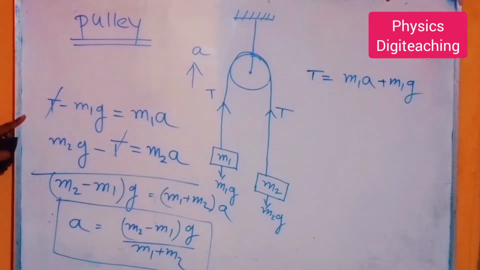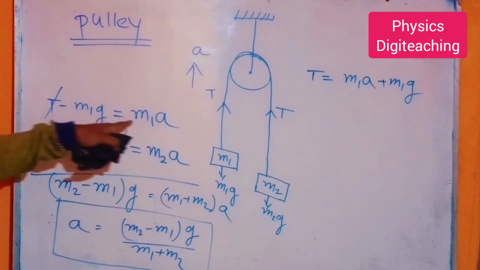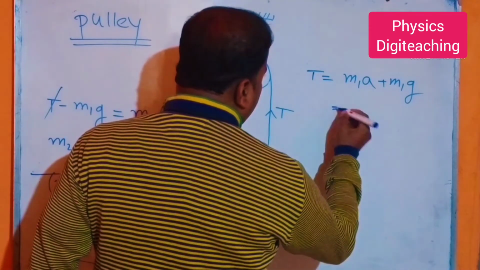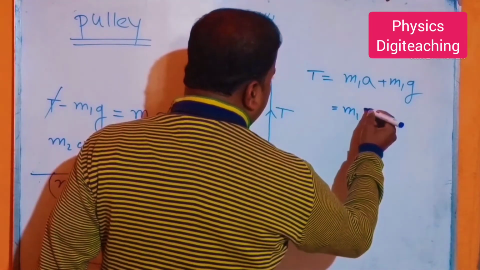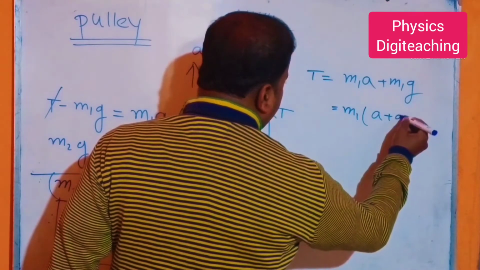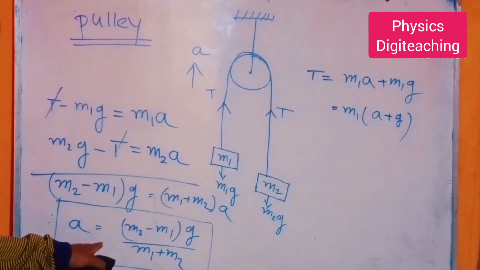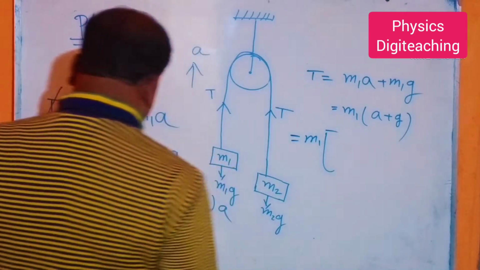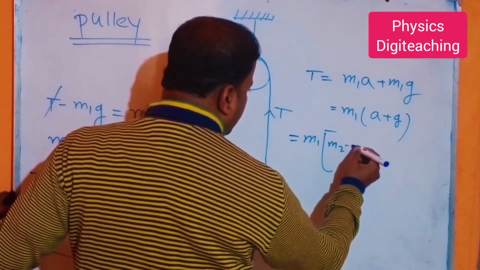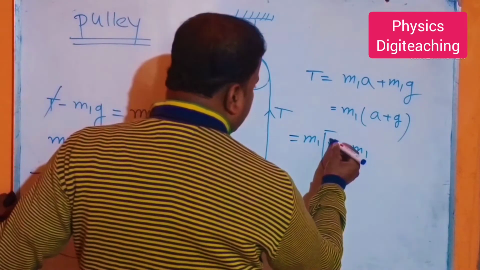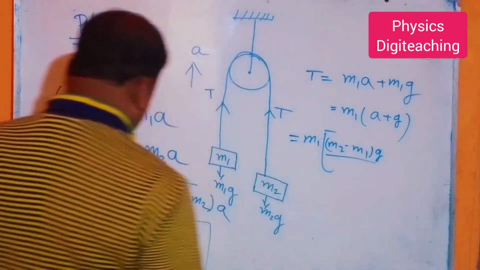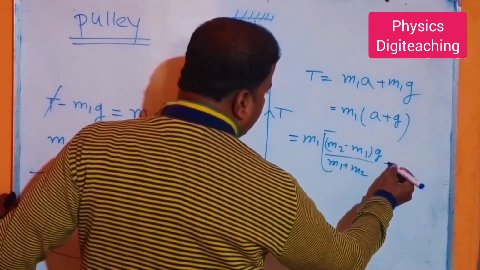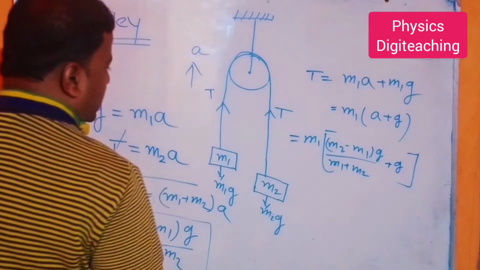T equals M1A plus M1G, that is M1 into A plus G. Now we put in the value of acceleration, and this is M2 minus M1 into G by M1 plus M2, plus G.